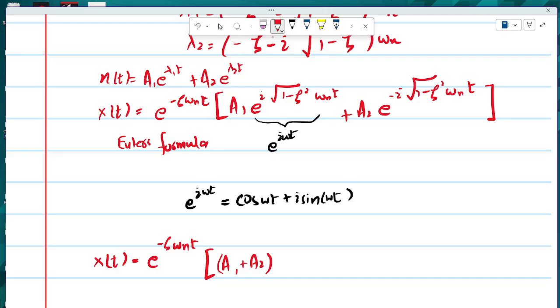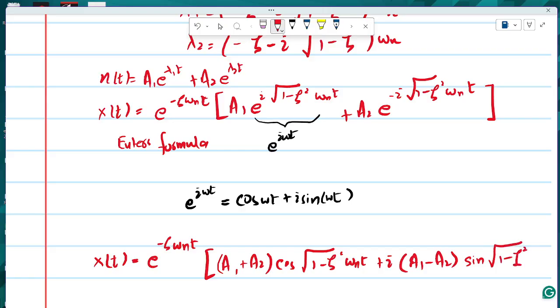So it will become (a1 + a2) cosine of √(1 − ζ²) ωn t, plus i (a1 − a2) sine of √(1 − ζ²) ωn t.